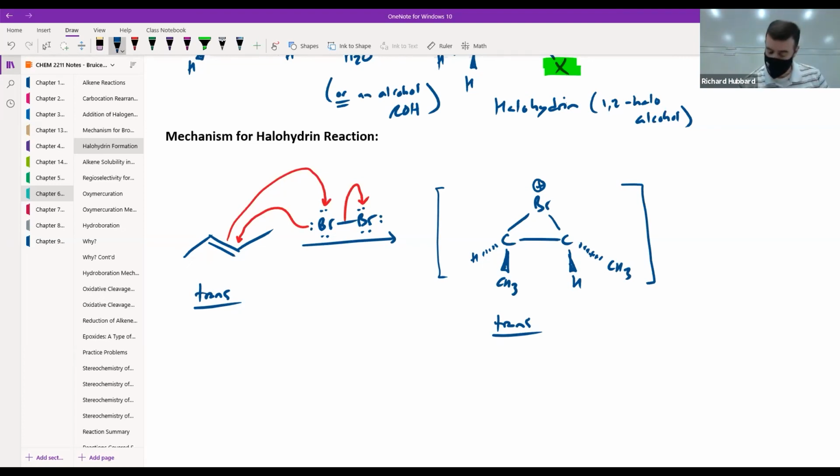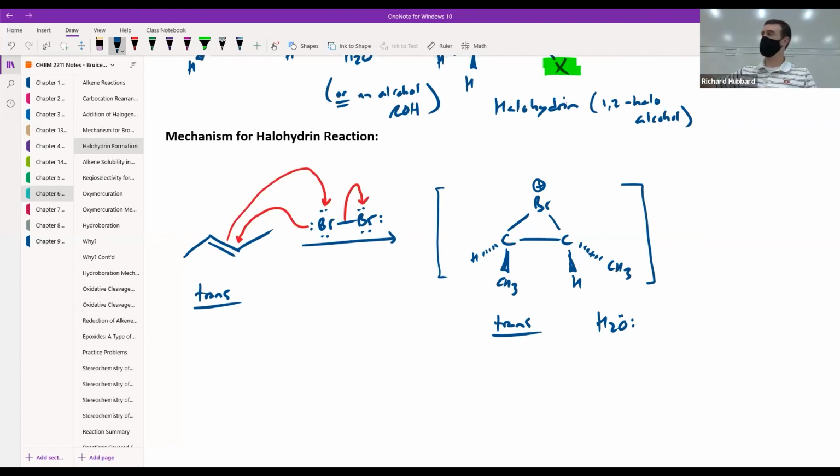Okay, then in this case, we've got our water, and our water is going to do the job that our bromide did previously. Now, there is still bromide in solution, right? We broke apart this Br2. But this is what we call a solvolysis reaction. We're doing this reaction in water. That's the solvent system, so there is so much more water that the bromide just gets pushed to the side.